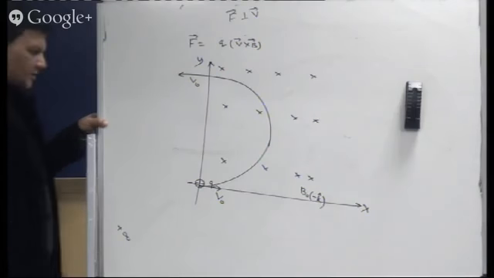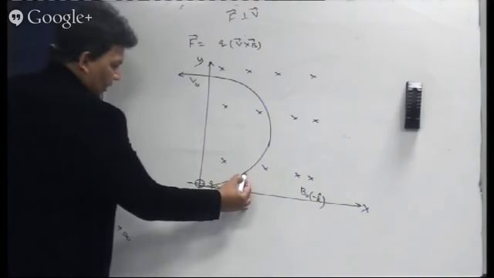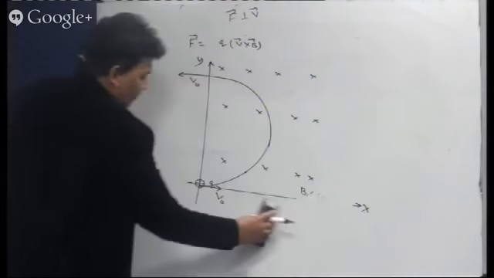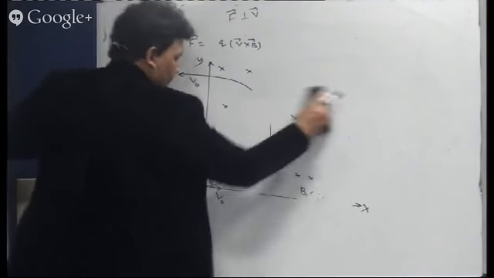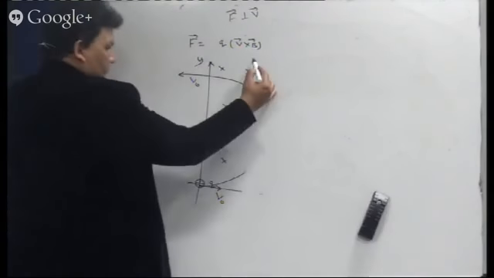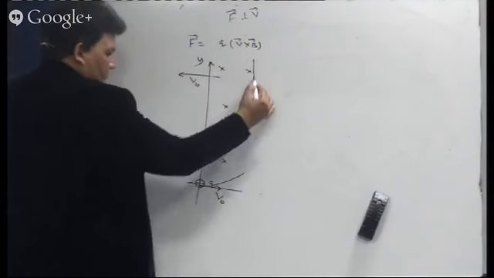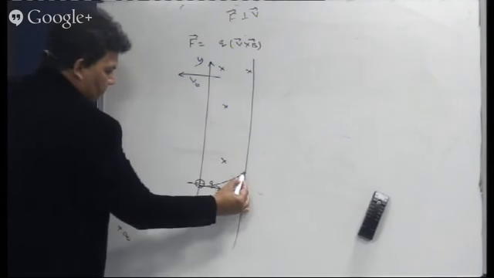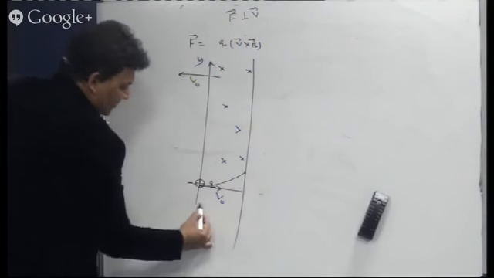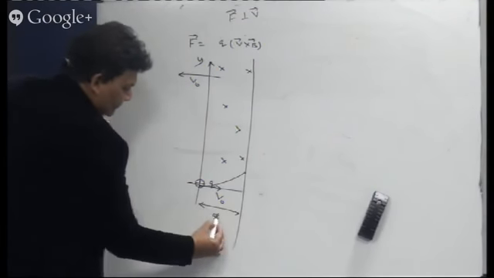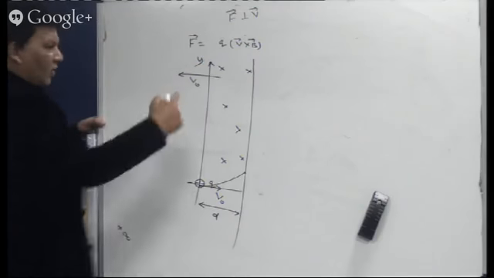Now, my question is, suppose the magnetic field ends at this point. This distance is d. By the way, what will be the radius of the circle?